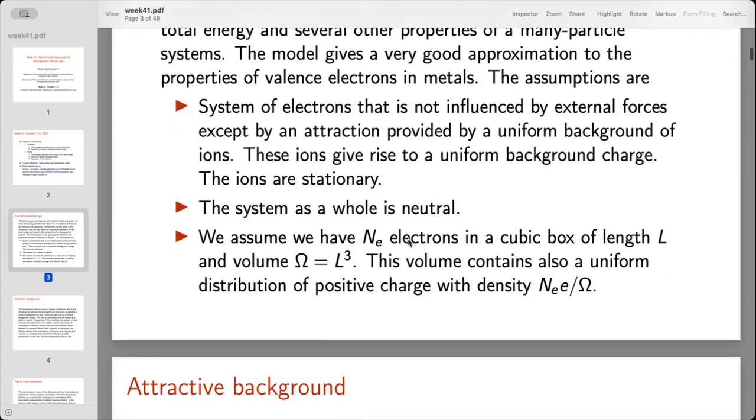So a basic assumption which we're going to make about the calculations coming now is that we have N electrons in a cubic box. That means that we can bring back the solution to a particle set up in a box. And for the non-interacting case, we know that this is given by plane waves.